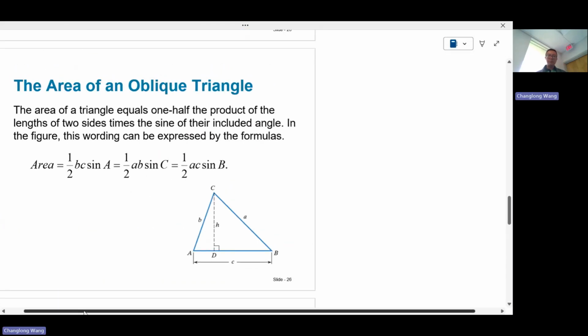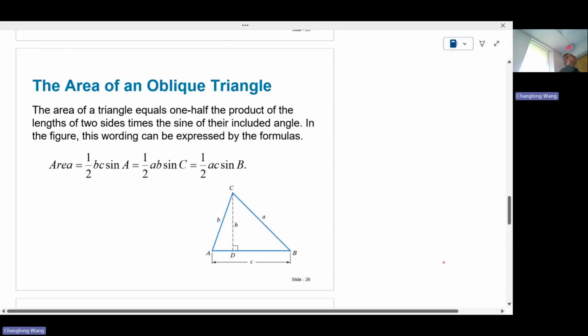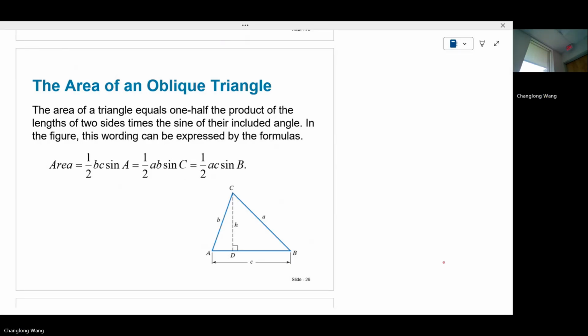And since that, we need to introduce you to a new formula for the area of a triangle. I'm sure that everyone knows the area of a triangle is 1/2 times the base times the height. And it is still the same, but written in a fancy form. That's why you see here, for any kind of triangle, right?